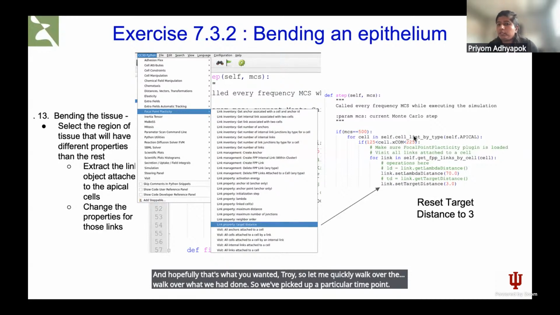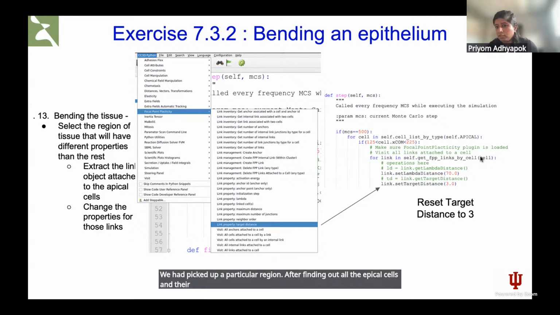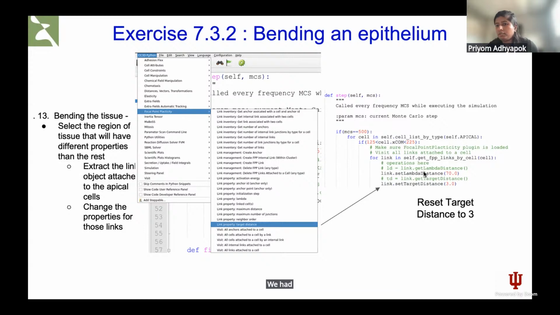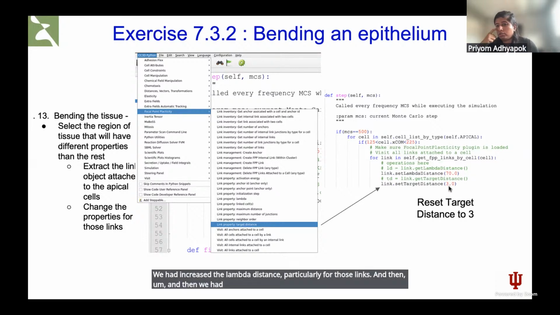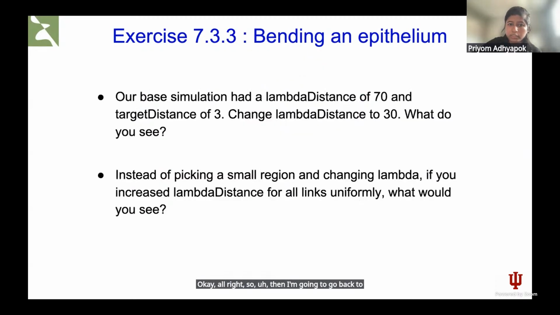We had picked up a particular region, and after finding all the apical cells and their associated lengths, we had increased the lambda distance, particularly for those lengths, and then we had reduced the target distance between those cells.